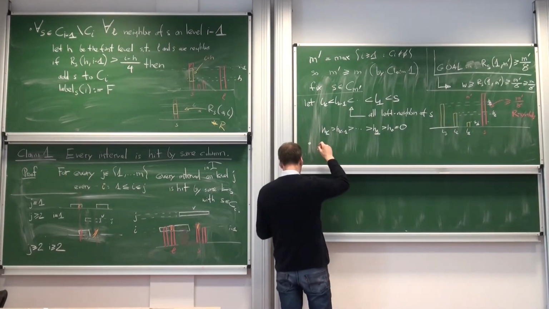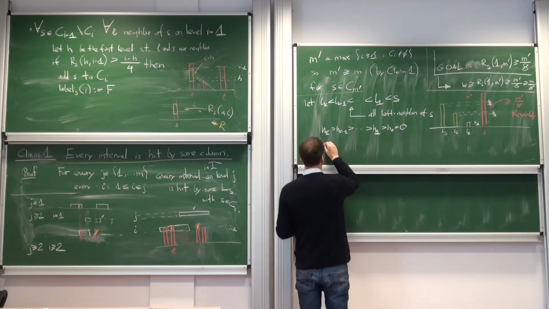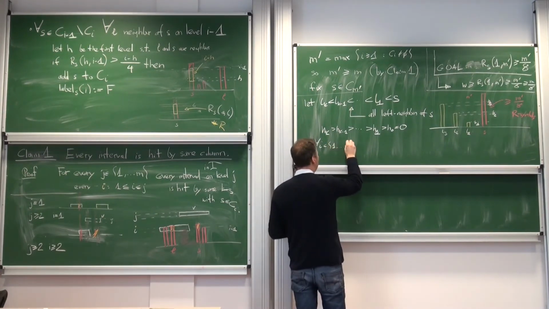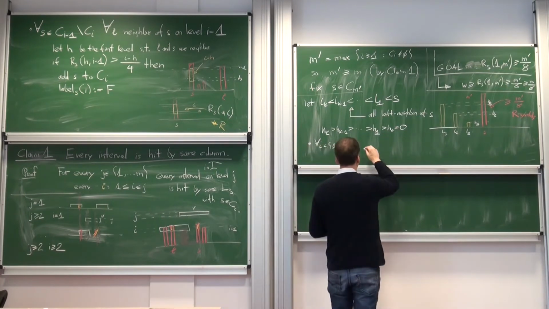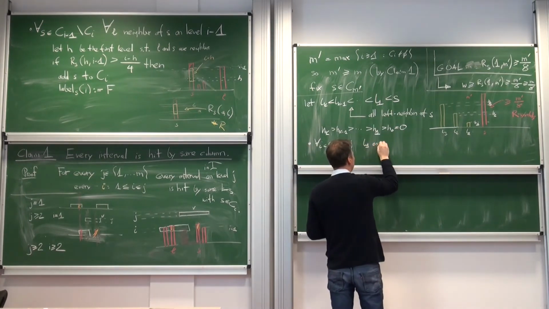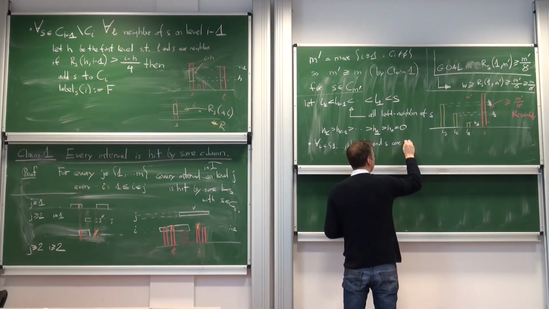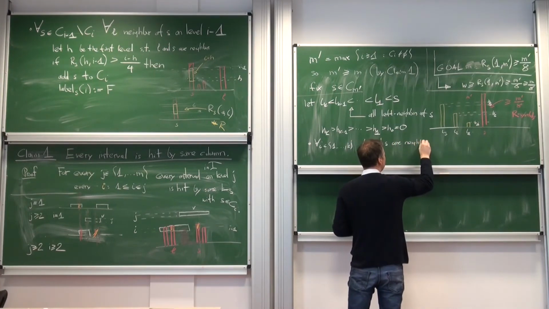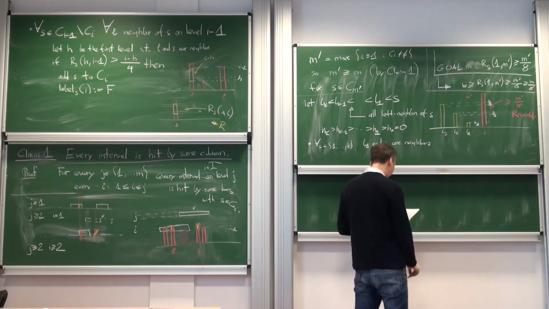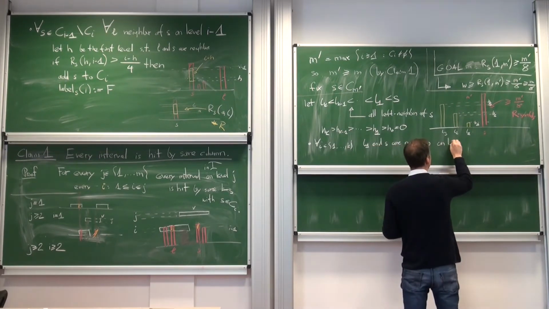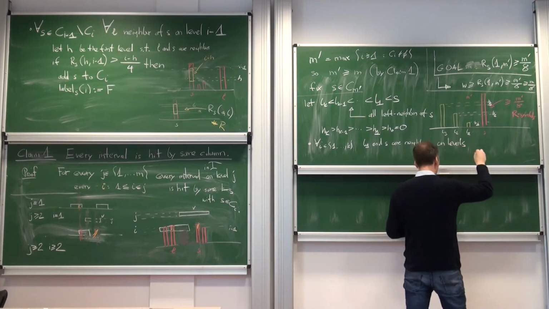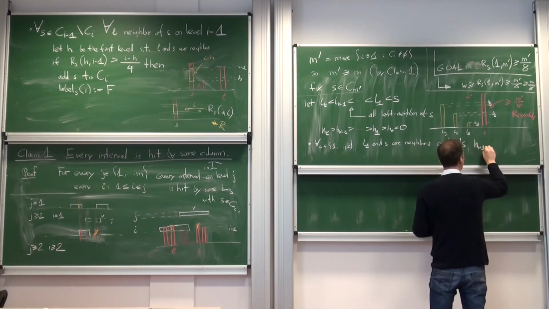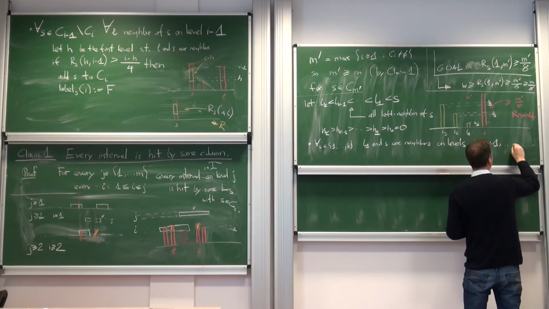In general, for every i from 1 to k, so for all the neighbors, Li and S are neighbors on levels h(i minus 1) plus 1 up to hi.